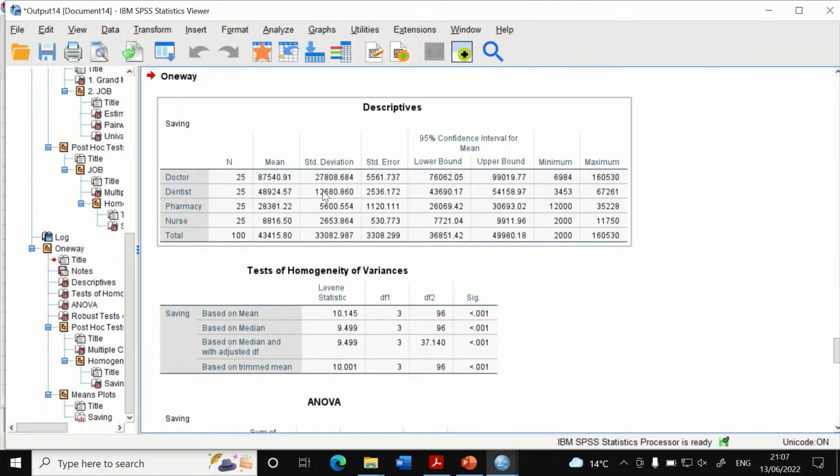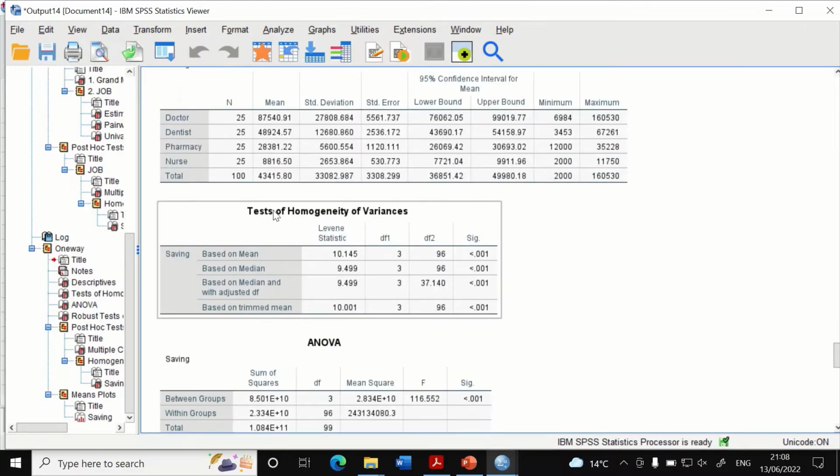However, the standard deviation does vary, as we can see, thus indicating heterogeneity of variance. Again, testing for homogeneity of variances indicates that these 4 groups are heterogeneous. So this assumption has been violated for ANOVA.